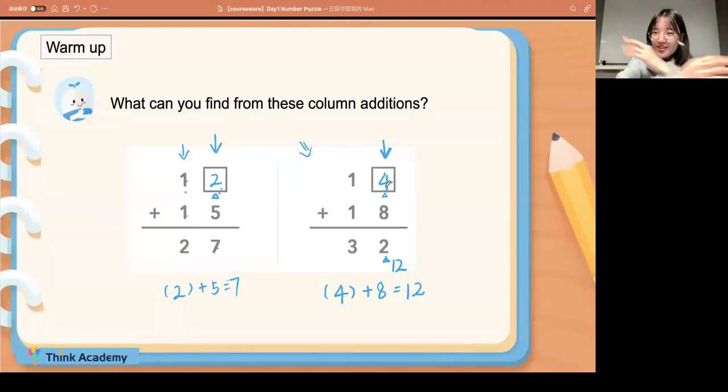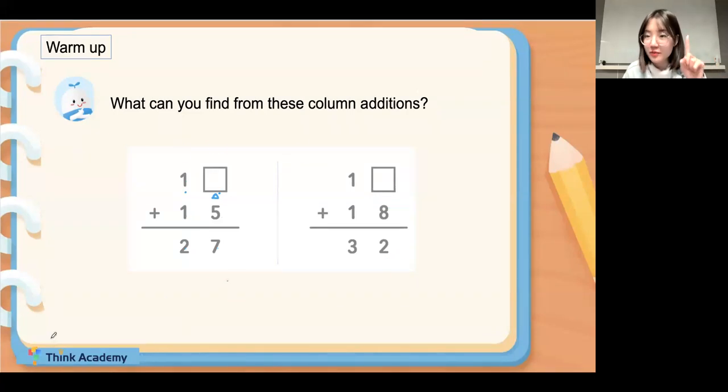Definitely no, because we need to do the double check. Brilliant. So let's try to do the double check. So we will start from the ones column. 4 plus 8 will equal 12. So if it's 12, thank you, Teddy, then we need to label the 1. Everyone, it's very important.